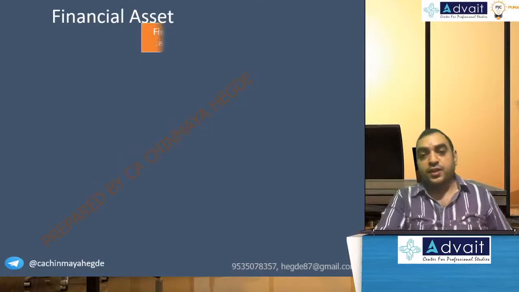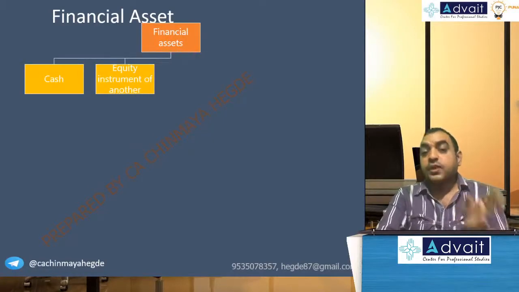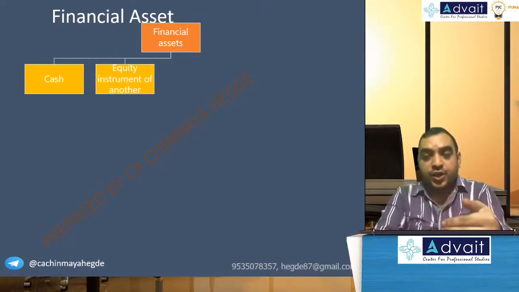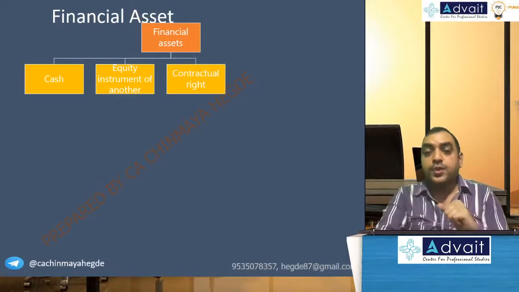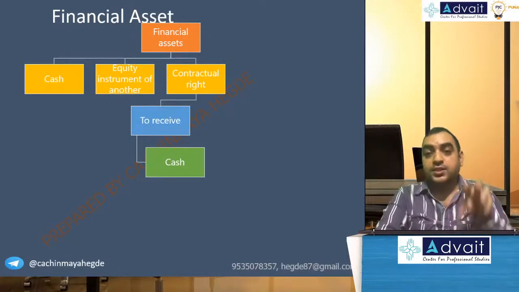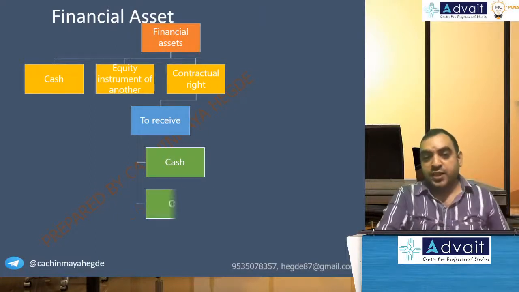Okay, let's go further. What is a financial asset? A financial asset is cash, or an equity instrument of another entity. You have cash in hand, or an investment in equity shares, which is an equity instrument of another. Or a right to receive cash. You have a bank balance, a fixed deposit, and you have a right to receive cash. That is also a financial asset.